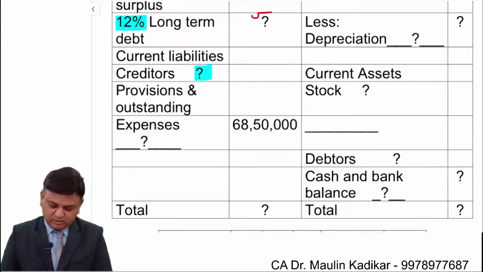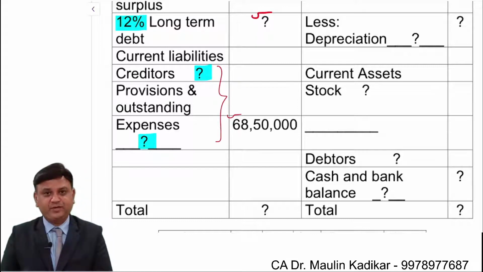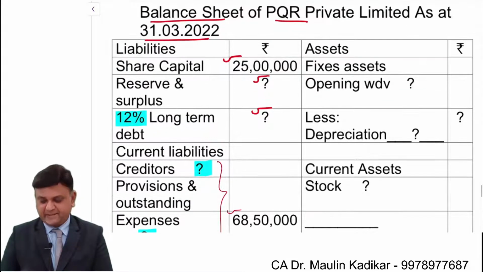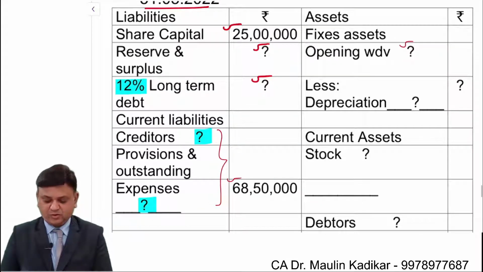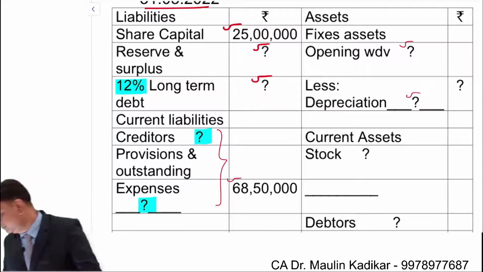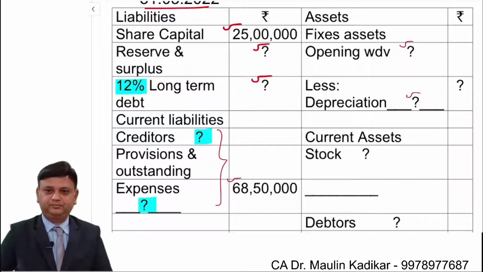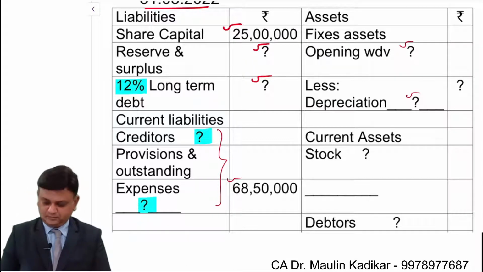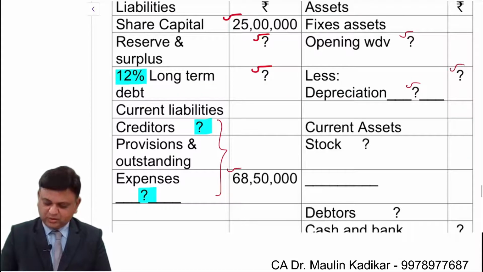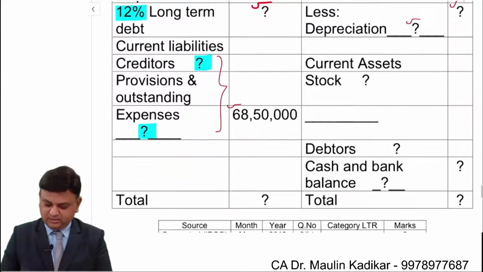Creditors we do not know. Provision for outstanding expenses we do not know. However, we know that the total of both of them is 68,50,000. On the asset side, opening WDV is not provided, depreciation is not provided, and closing WDV is also not provided.